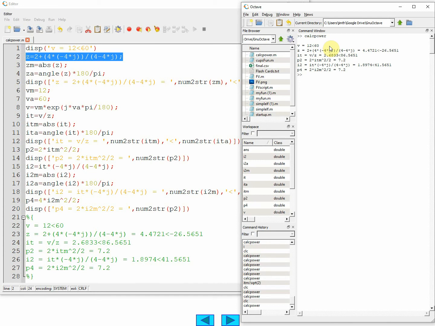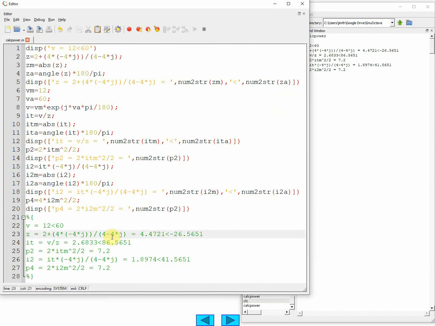I copied and pasted it into bigger letters here so that it's easier to read. Voltage, I'm using the less than symbol to be the angle, 12 at the angle of 60. The complex numbers for Z, and then converting it to magnitude and angle notation.